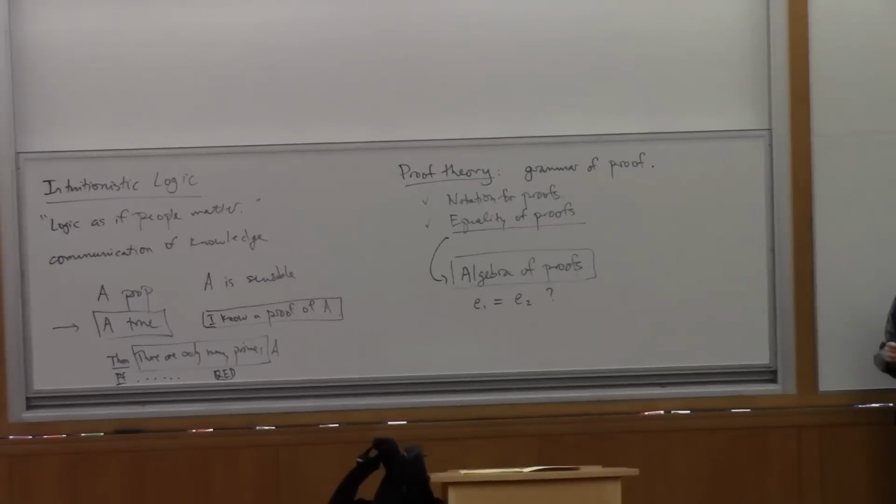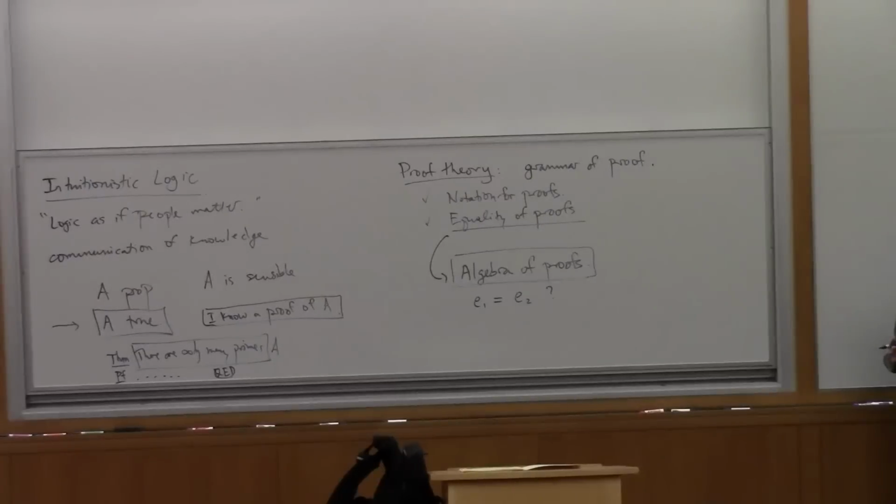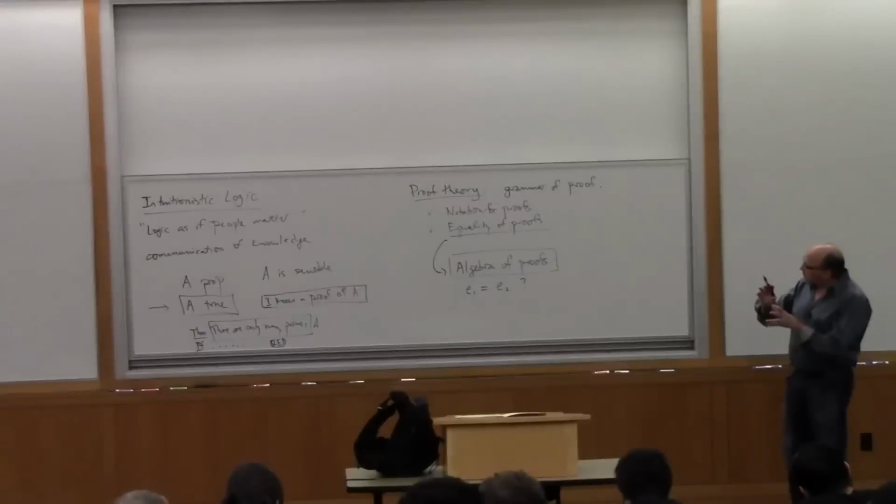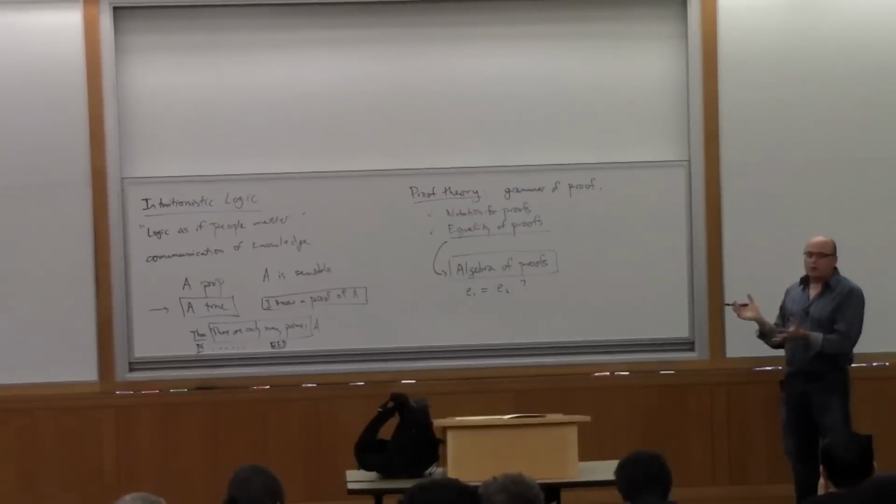You see, because if you give just a notation for proofs, that's well and good, but then you'll find, as we'll see shortly, there are little variations you can put into a proof, and you wonder, well, which ones matter and which ones don't.